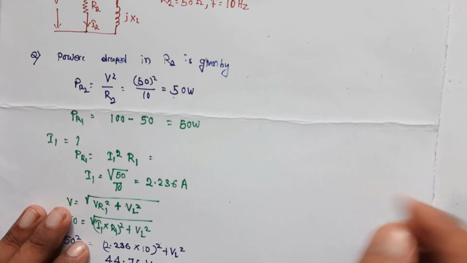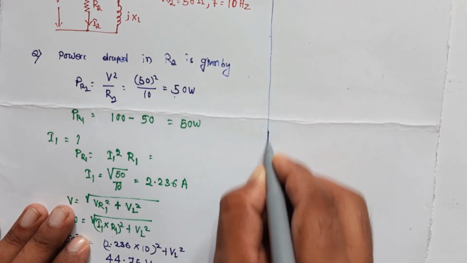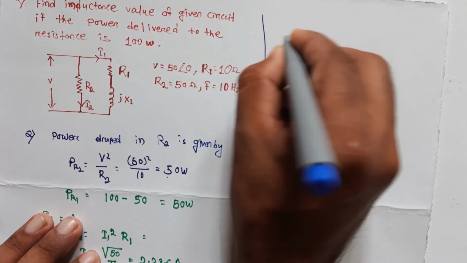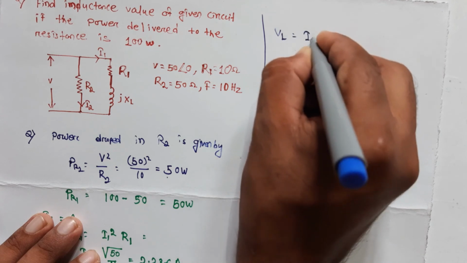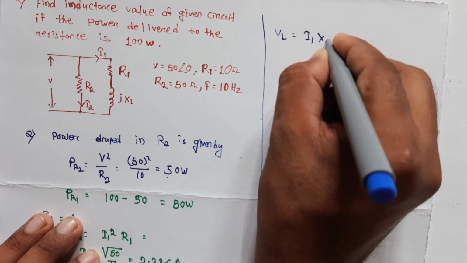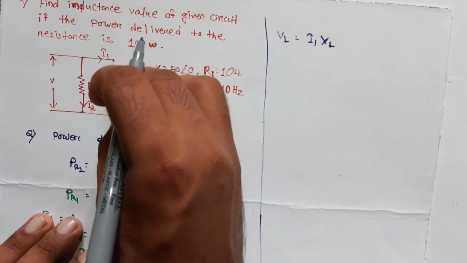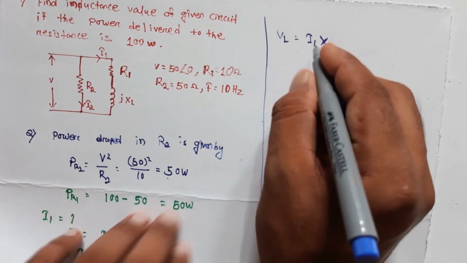Next we know that VL is equal to I1 into XL. This voltage drop is I into XL, the inductive reactance.